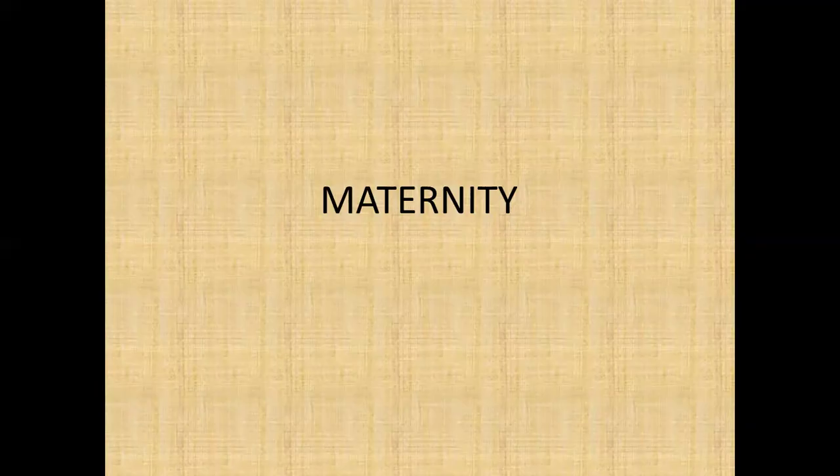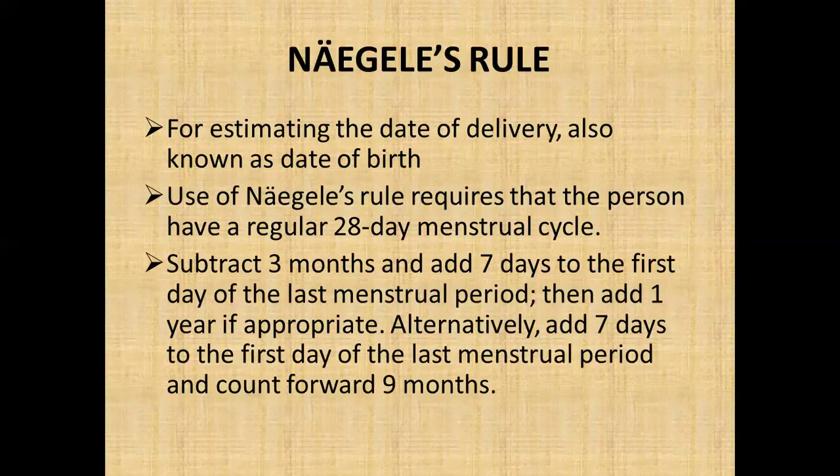So first is determining the estimated date of delivery of a pregnant woman. If someone is pregnant and you have a question that says Madam A reported to the emergency ward, and after assessment, the patient told you that her last menstrual period was, let me use February, February 10th, and since then she hasn't had her cycle again.